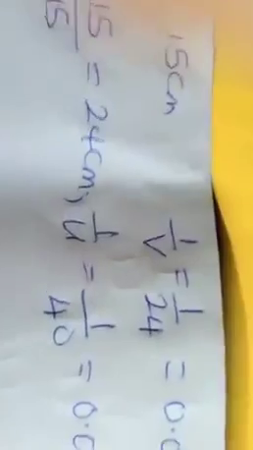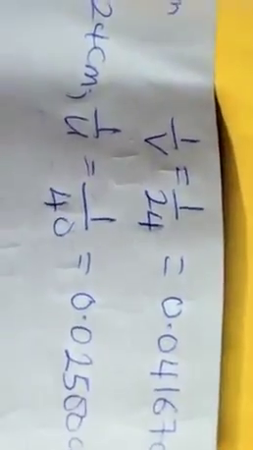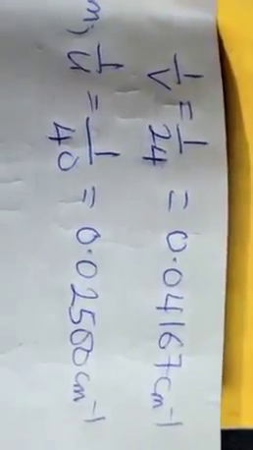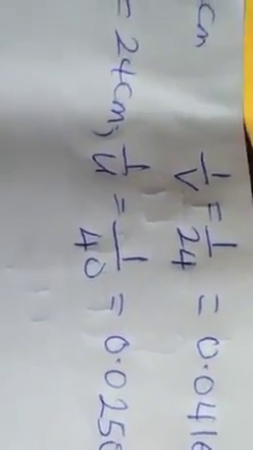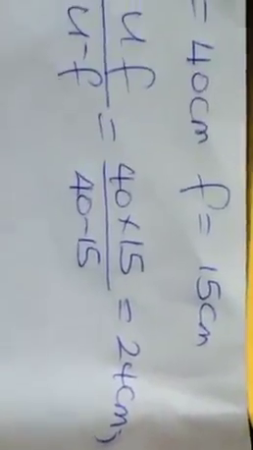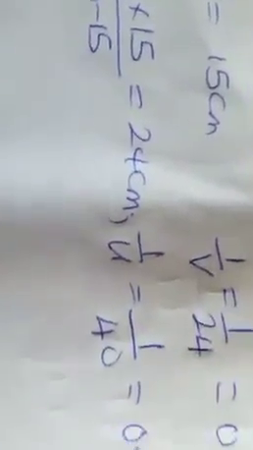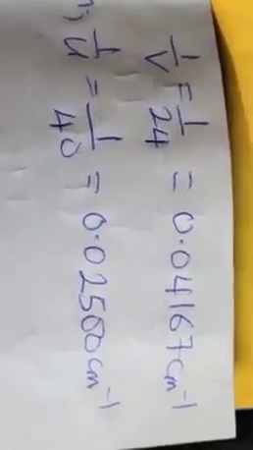Since V is 24 cm, V inverse should be 1 over 24, and that will become 0.04167 per cm. U being 40, 1 over U is going to be 1 over 40, which is 0.02500 per centimeter.